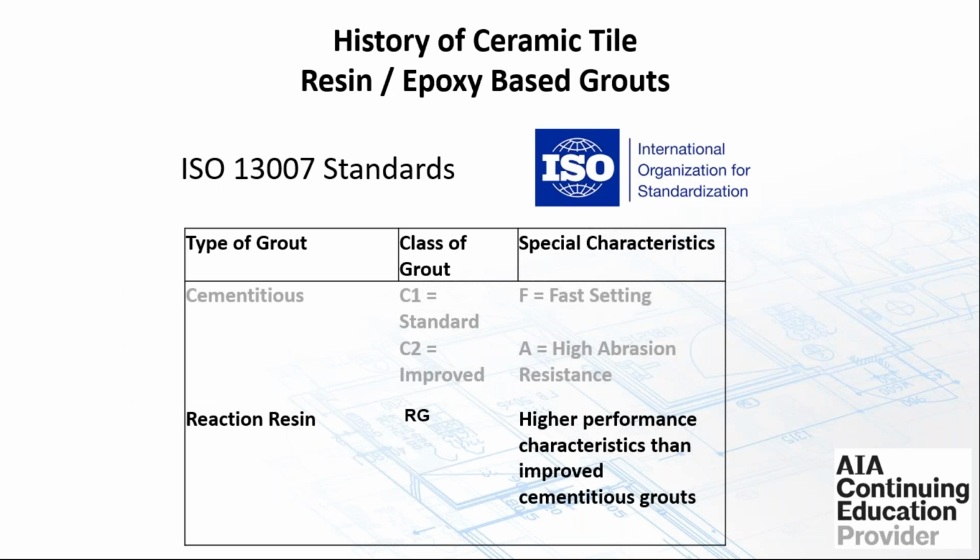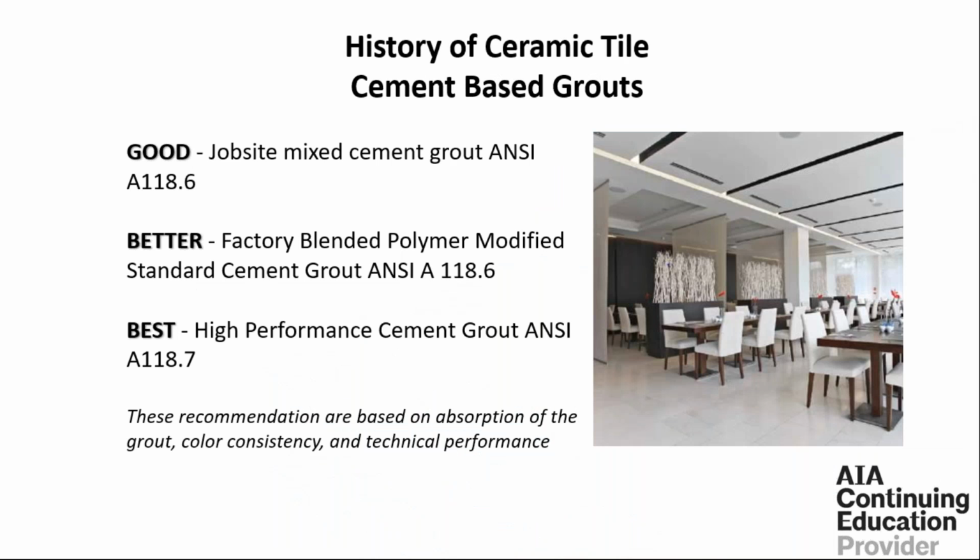When you look at the ISO standards on your epoxy grout, it's a reaction resin. They have higher performance characteristics than approved cementitious grouts. So the ISO standard 13007 RG is what you're looking at there. When you look at cement-based grouts, you have your job site mix.